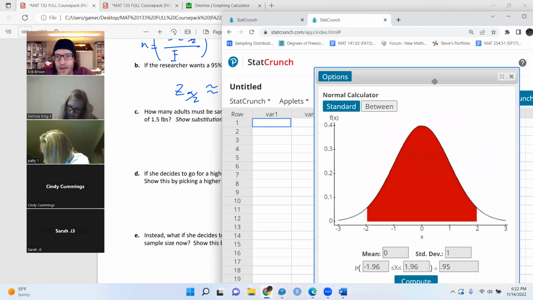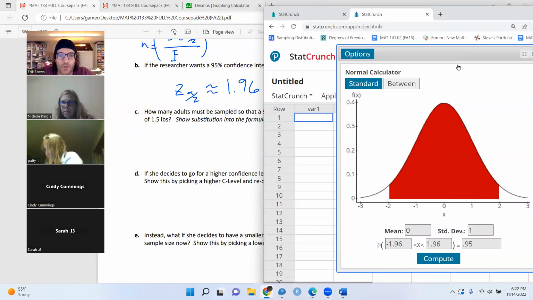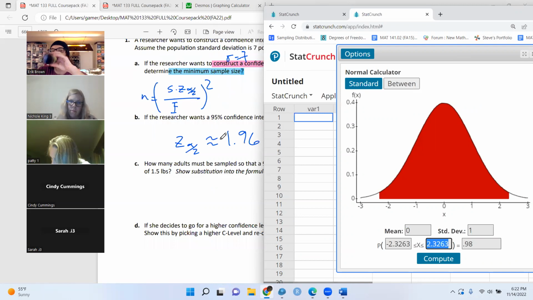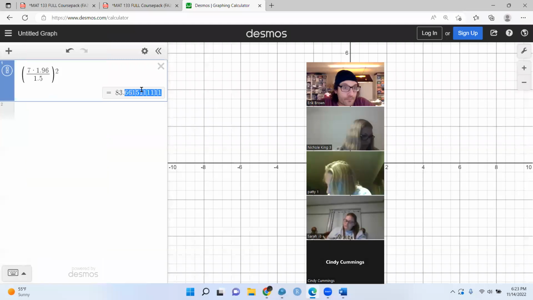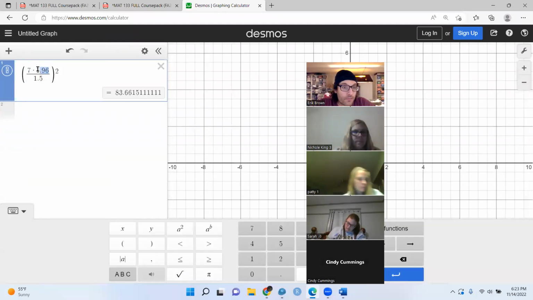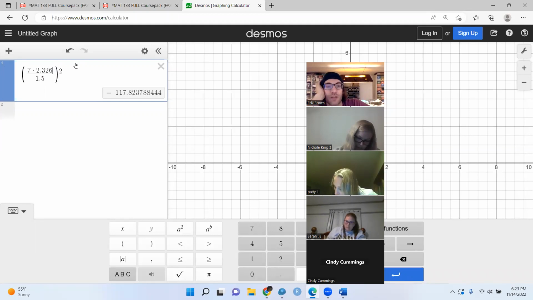So what's a nice higher critical value or a C level? 0.98 maybe. So where does this 2.326 go? It replaces the 1.96. Nice. So what happens when we do that? Look at the sample size.